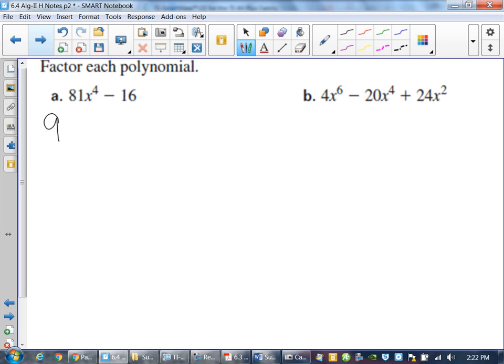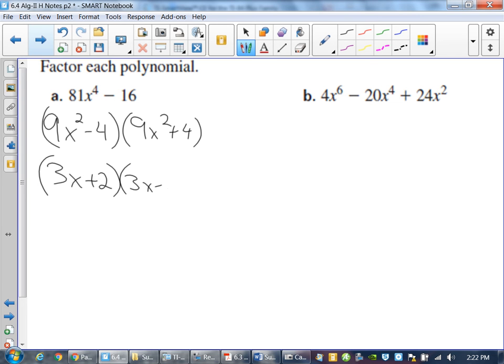So you have 9x squared minus 4, and 9x squared plus 4. Hey, look! I can go further, can't I? What's the square root of 9x squared? What's the square root of 4? Is that a subtraction sign? Yeah. I can go one step further: 3x plus 2, 3x minus 2.